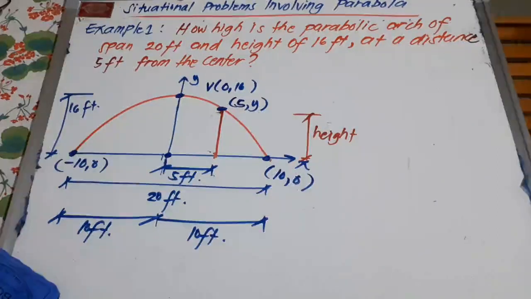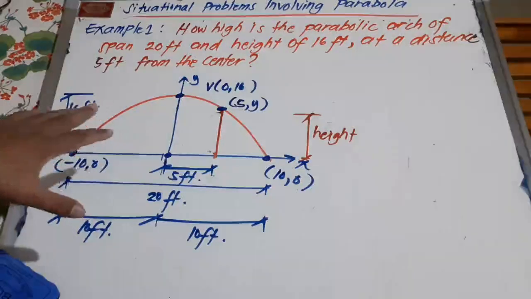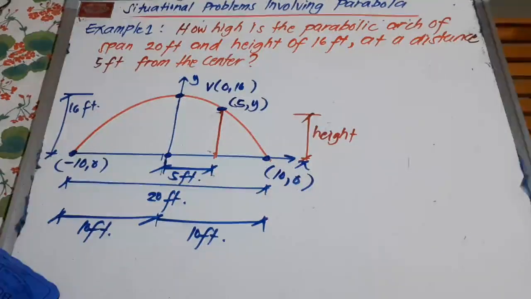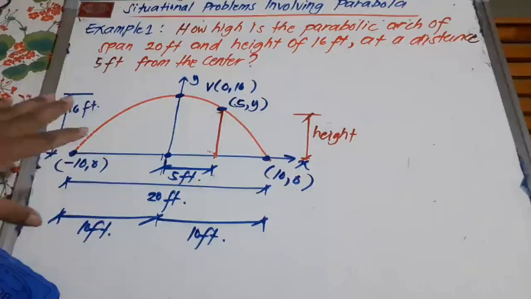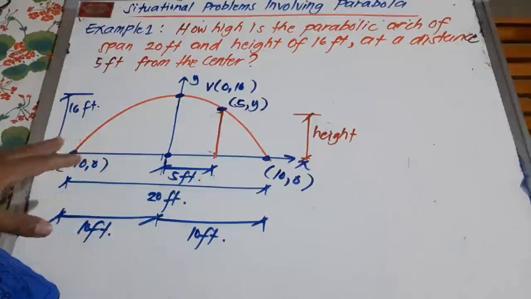So we have now the illustration of the situation. So the next is, we determine the equation of this parabola. And this is a parabola that opens downward, vertex at (h, k).